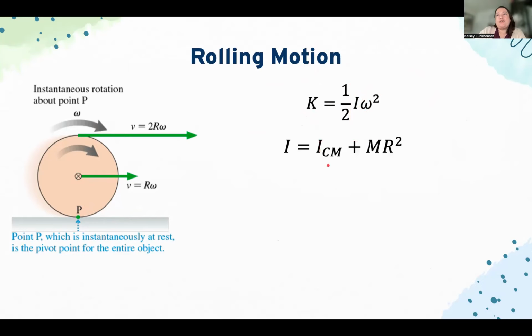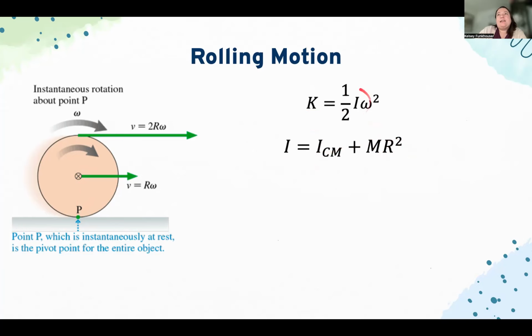So we have the moment of inertia of the center of mass, and then the total mass of the wheel and the distance from the center of mass to the pivot point, which is just the radius here. So we end up with this as our moment of inertia, or sorry, rotational inertia.